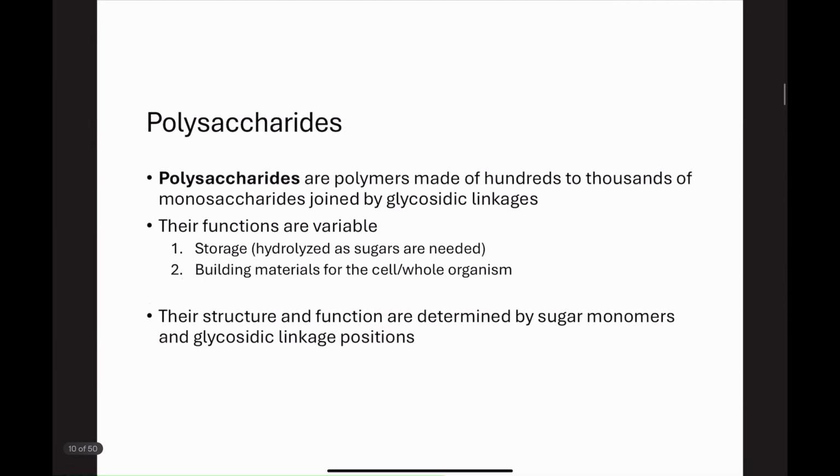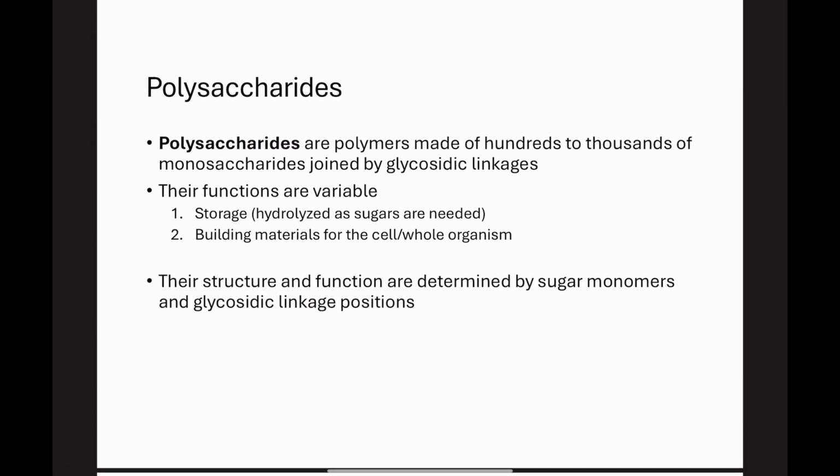We mentioned that polysaccharides are made up of more than 10 monosaccharides. But even though we use the number 10 as our defining point from disaccharide to polysaccharide, polysaccharides are made up of hundreds to thousands of monosaccharides, and they are also joined by glycosidic linkages.